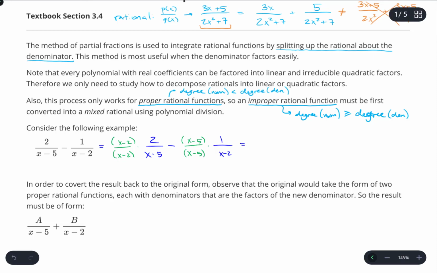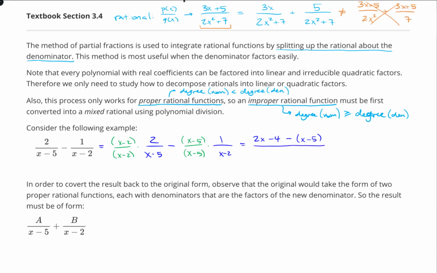So if I take this product, I would have 2 times the quantity x minus 2, which would be 2x minus 4, and then 1 times x minus 5, so that's subtracting the quantity x minus 5. The denominator would be x minus 2 times x minus 5.